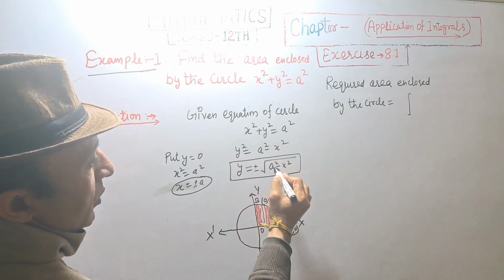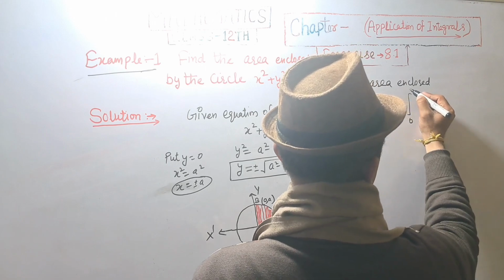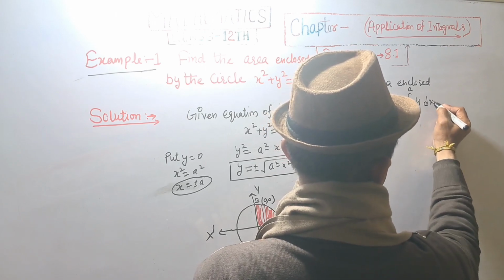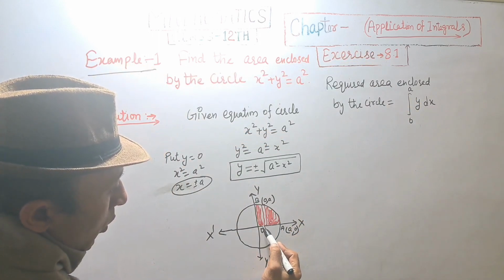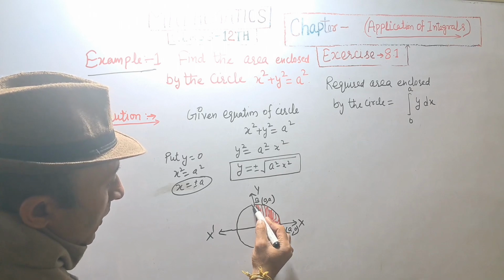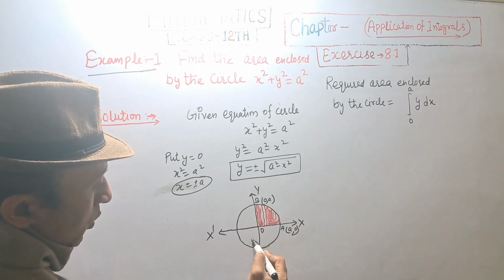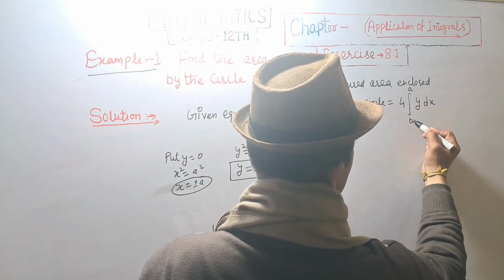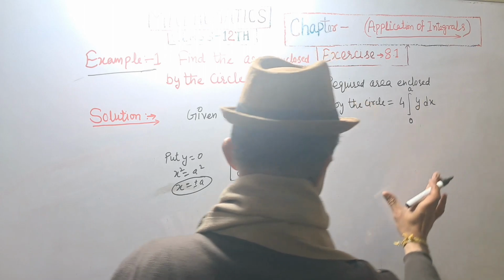Y is equal to under root of a square minus x square, 0 to a y dx. Enclosed O A O B A, that is 1 2 3 4 times of integral 0 to a y dx.